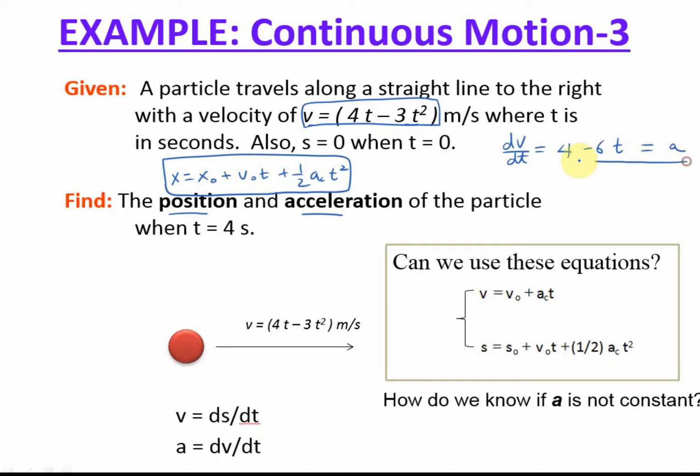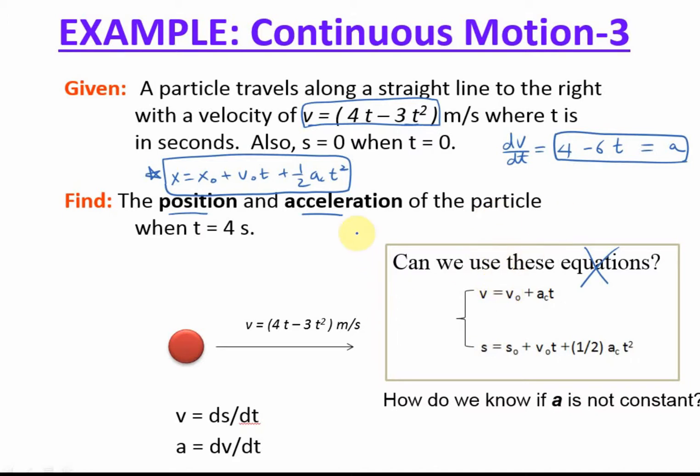Acceleration is a function of time, so acceleration is not constant. That means our derived kinematic equations of motion cannot be applied to this example. So can we use these equations? No, we cannot. These are just good for when your acceleration is constant.